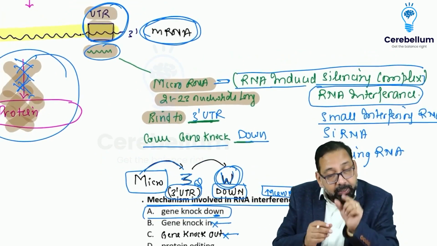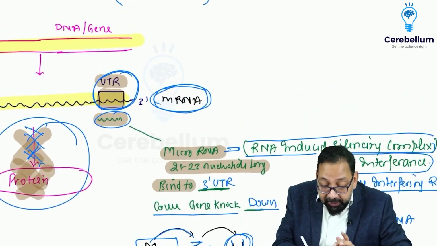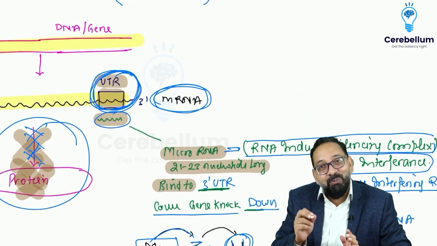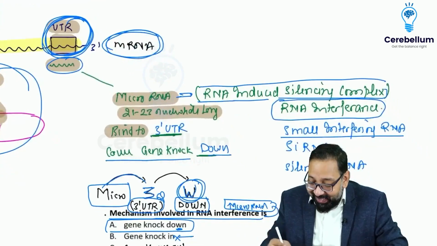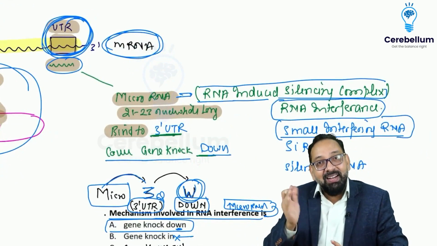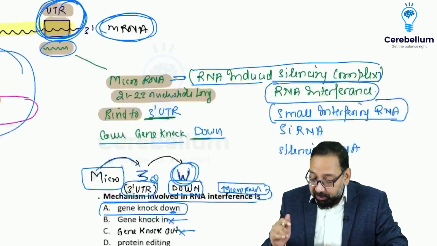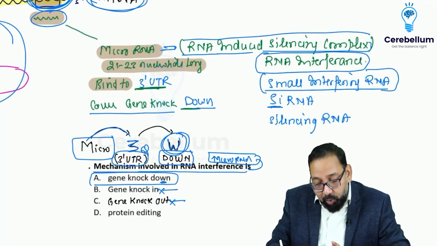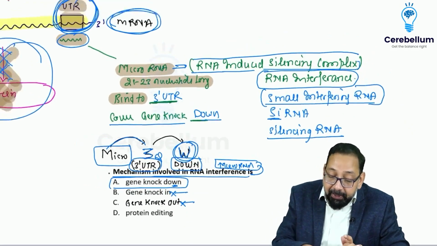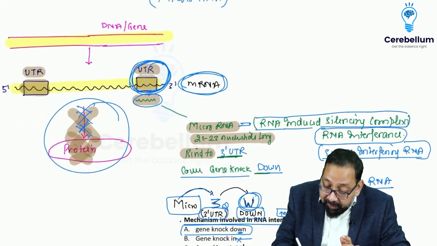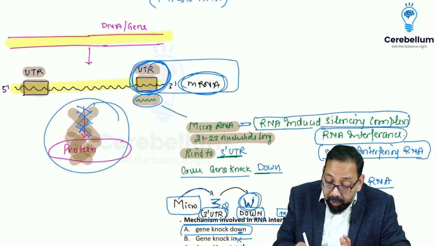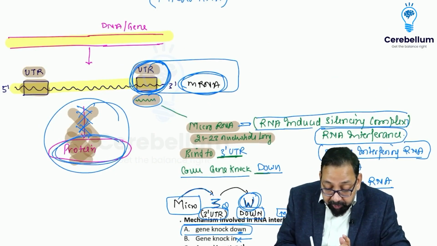This microRNA is very small and it is interfering with the normal process of protein synthesis from messenger RNA. The short form is siRNA. Another name is silencing RNA, meaning this microRNA is silencing this messenger RNA. Silencing means it is not allowing this messenger RNA to synthesize protein.